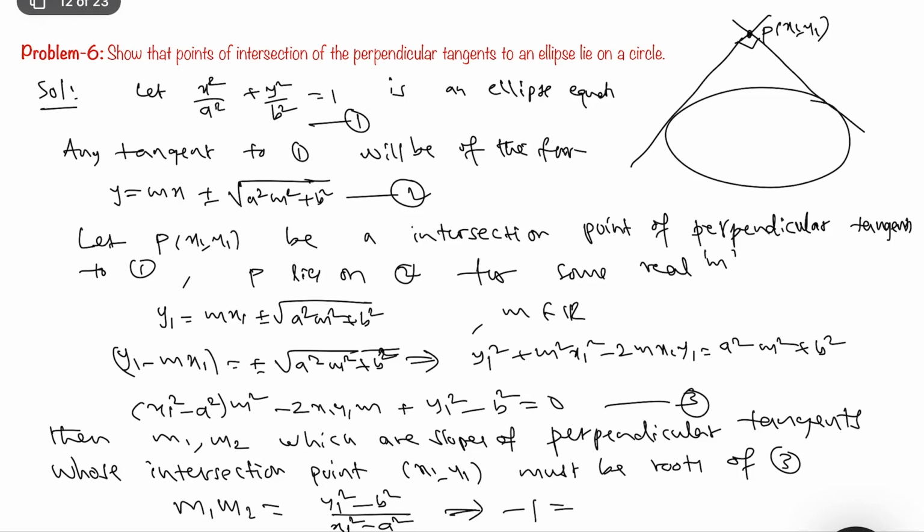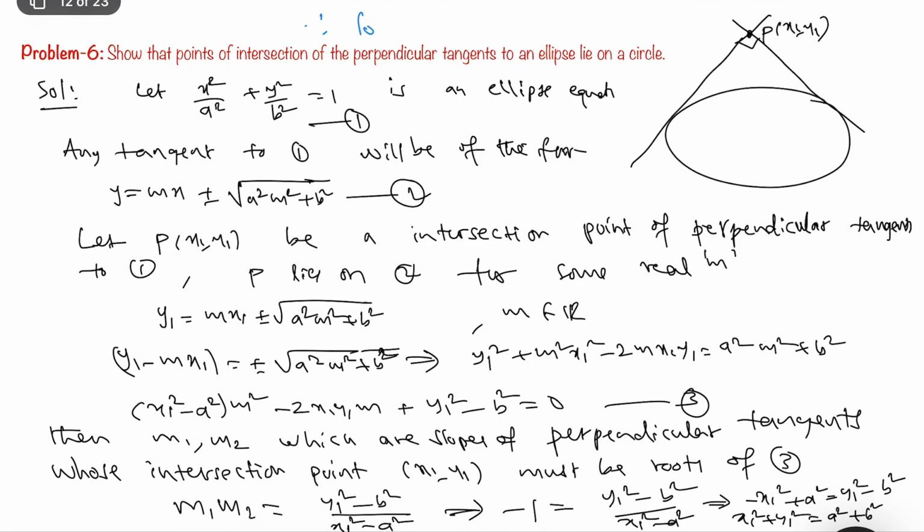So we should have minus 1 equal to (y1 square minus b square) by (x1 square minus a square). That implies minus x1 square plus a square equal to y1 square minus b square. Then we can write x1 square plus y1 square equal to a square plus b square.